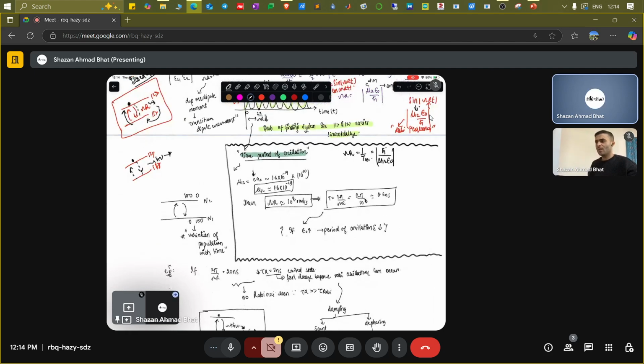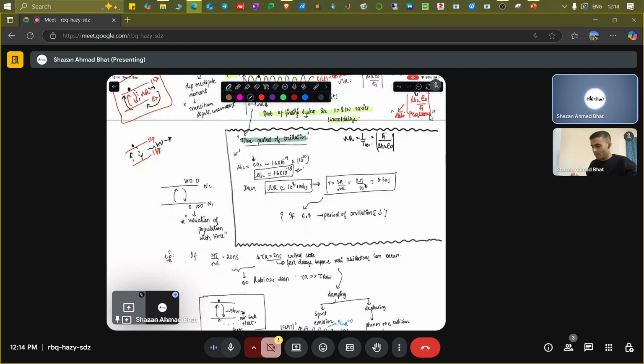If, let's say, we use one angstrom as the distance between the two species, then you get a dipole moment of around 10 to the power minus 29. And you can find the Rabi frequency comes out to be 10 to the power 8 radians per second. If you invert it, you get the time period of oscillations to be around 0.6 nanoseconds.